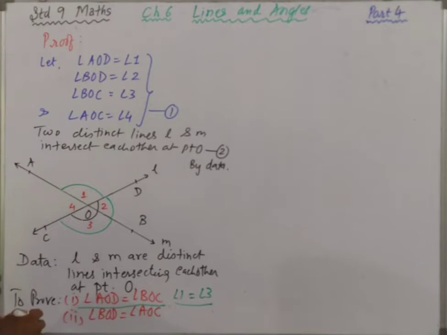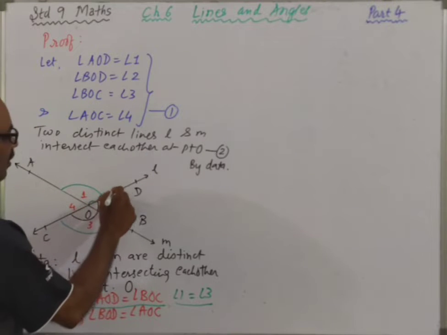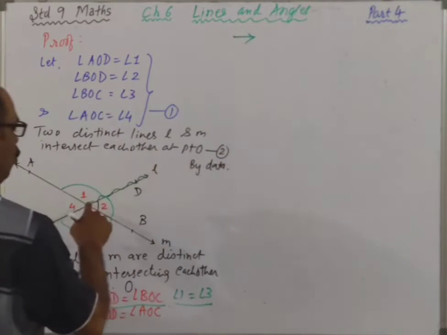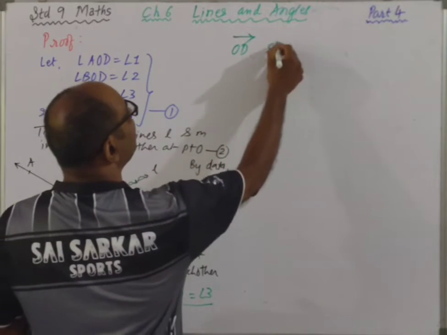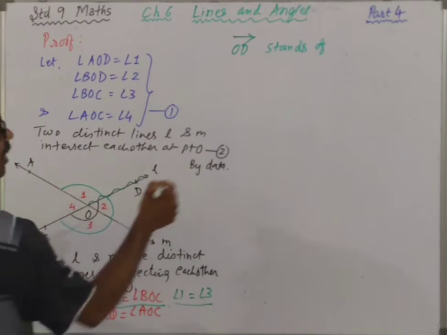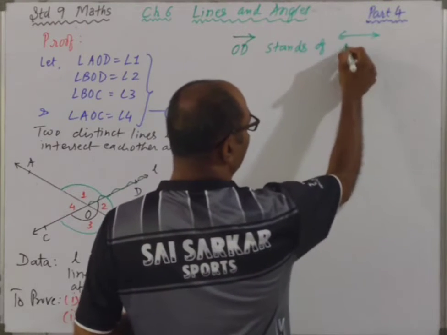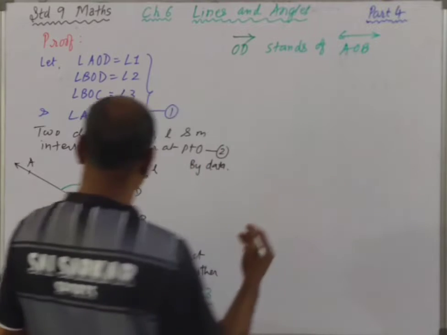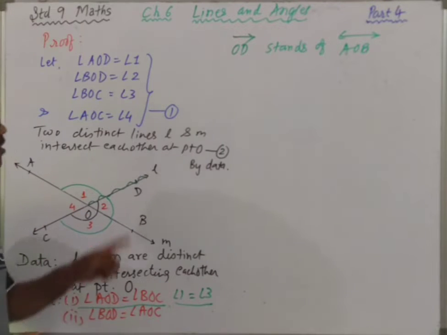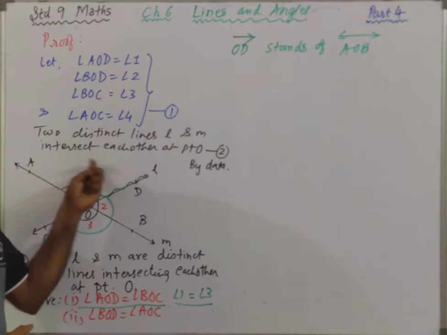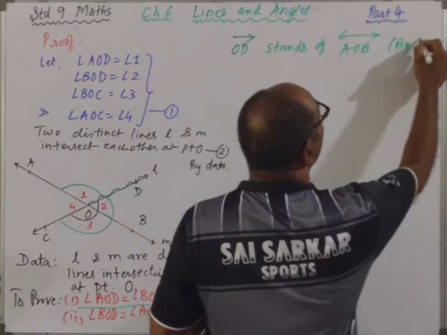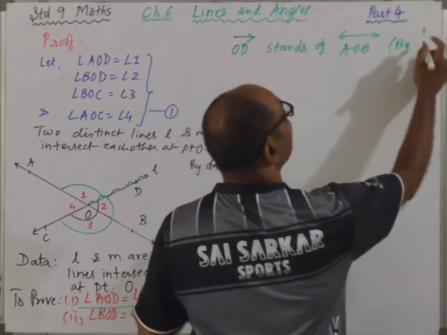Alright, so I start with this. Ray OD stands on line AOB. You have to write the line like this, AOB. But how can you say that ray OD stands on line AOB? Because of this, lines are intersecting. So you can say by 2. It is in 2.